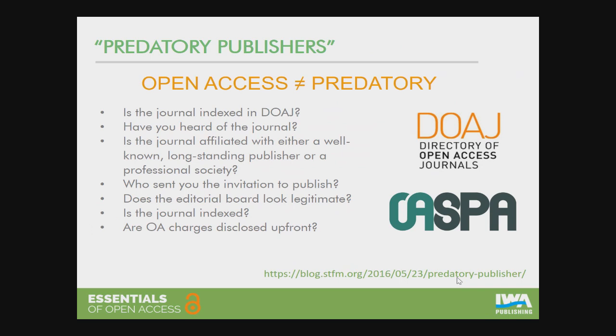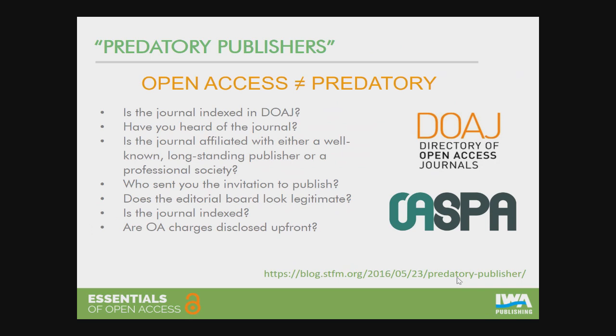The first thing I would do is always check, is the journal indexed in the Directory of Open Access Journals? That's a great way to start. They have a very stringent application process and check every journal that is submitted to make sure that they are legitimate. That said, not all journals that are legitimate are in there. So if it's not in DOAJ, I would see, have you heard of the journal? I would ask other people if they've heard of it.